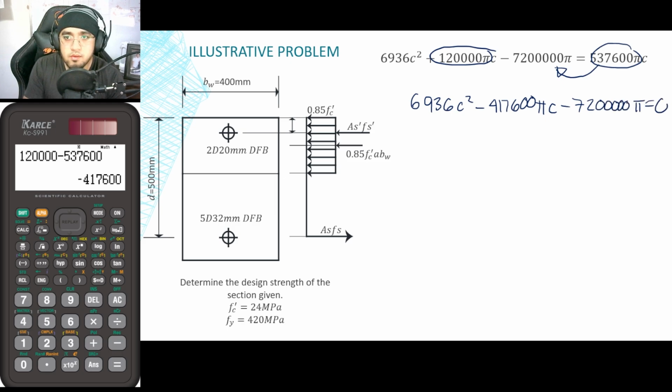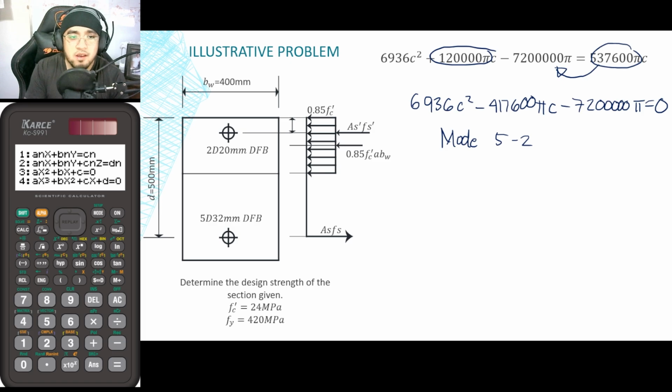So this is now equal to 0. Since we already have our quadratic equation, I will now be making use of the mode 5 function in my calculator, actually mode 5.3, I should say. So this is once again mode 5.3.